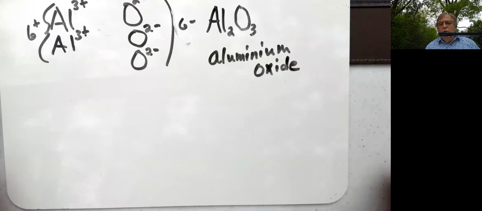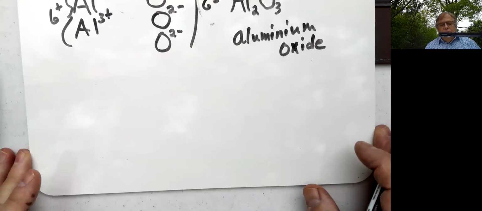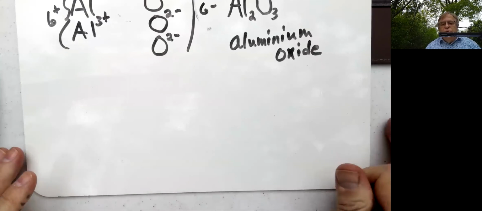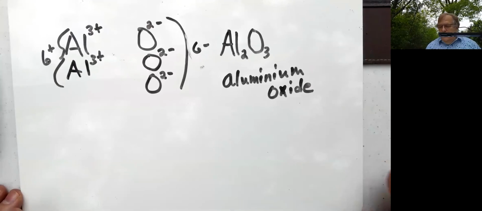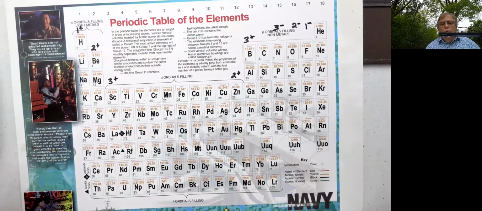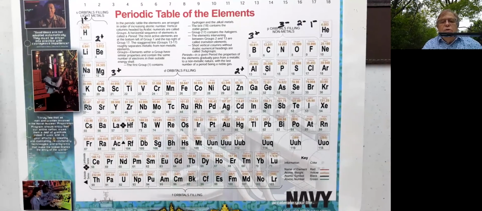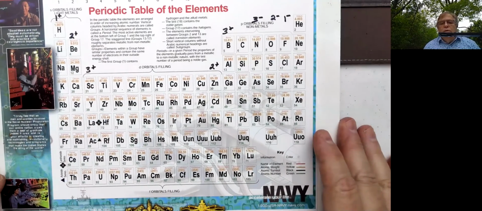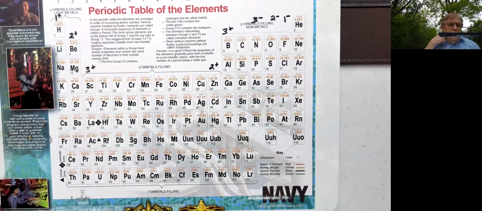So we've had a little lesson today in writing formulas. These are the simple formulas. We decided that what was making all of this happen was the fact that we were using the principle of the octet rule, and that atoms are trying to get 8 electrons in their outer shell.